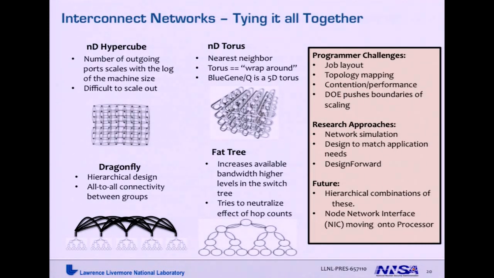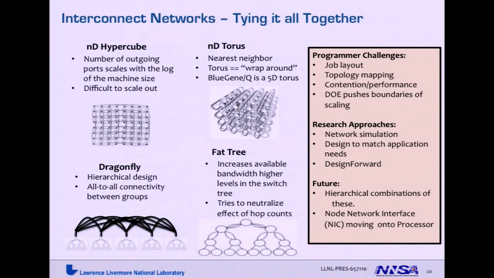Dragonfly is an interconnect you'll hear a lot of new architectures talking about. The Cray Aries architecture, for example, is a Dragonfly. The NERSC machine is built on this. And Fat Tree has been kind of the standard interconnect topology for a long time. Infiniband is a type of networking that typically uses fat trees, for example.